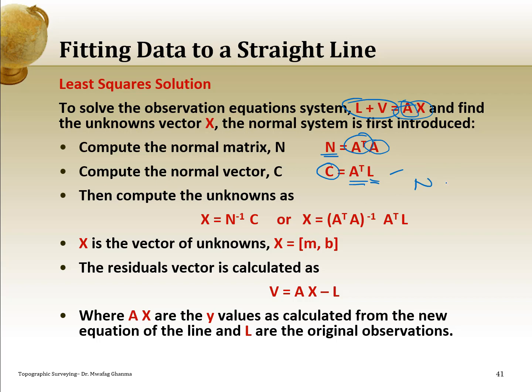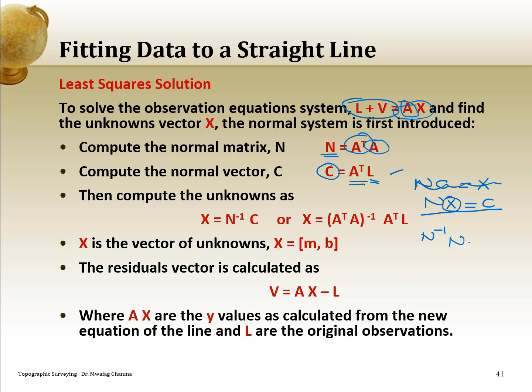Now N multiplied by x equals C, where x is the solution. To find x, we multiply this equation from the left by N inverse, the inverse of N.